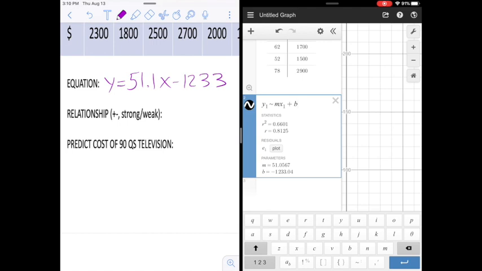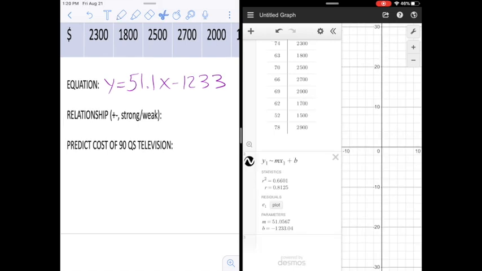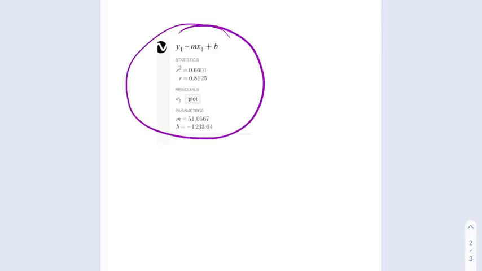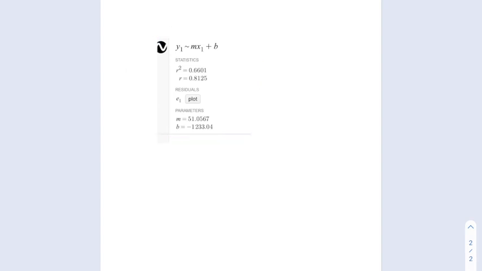Now, as far as whether or not this is strong or weak, we are going to look at R. So I moved this table over from Desmos into my Notability file so I could point this out. In this table, they're going to give you a value here for R. That tells us everything we need to know about our relationship. So I'm going to make this little table here.